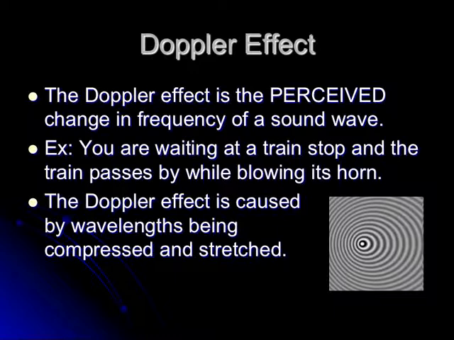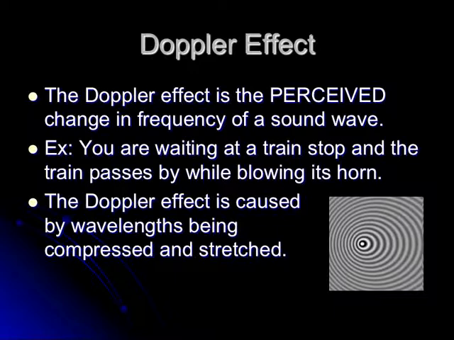It increases it. So up here it sounds higher. Back behind it, it's moving away now. Those wavelengths are stretched, so that would sound lower. So if I'm an observer and this thing is going past me, I'm hearing it change. One more time? That makes sense?